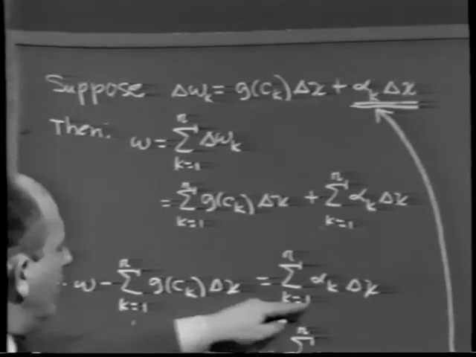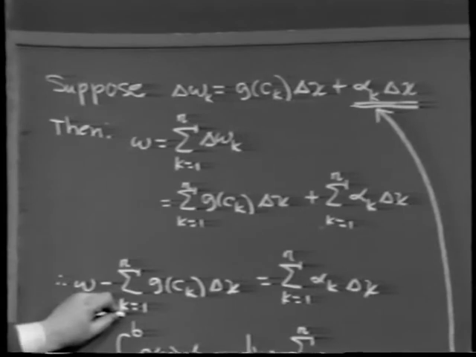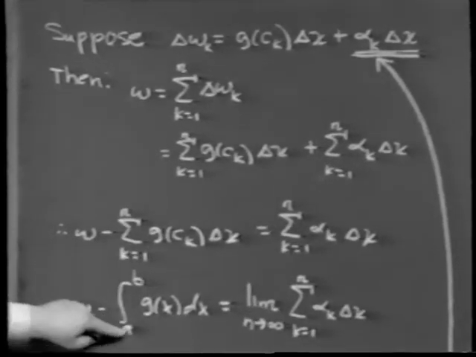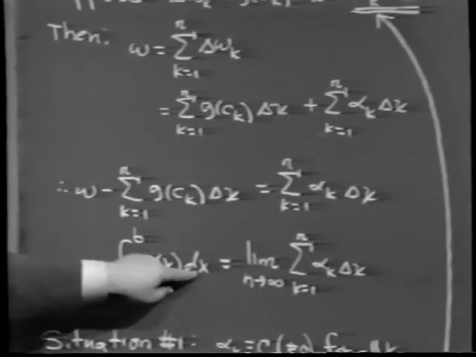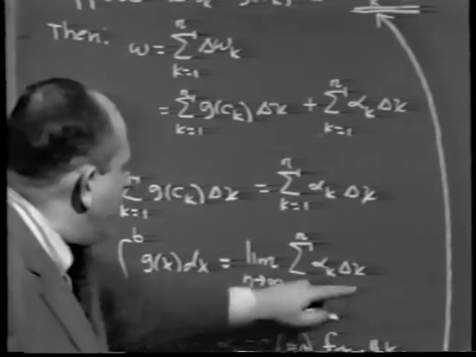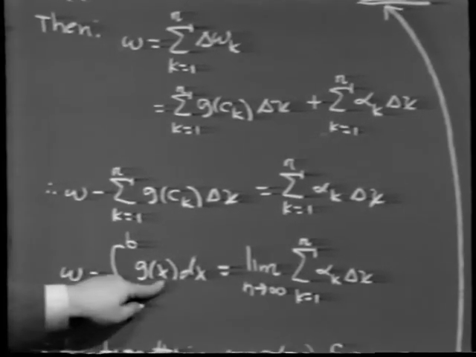Now the next thing I do is take the limit as n goes to infinity. By definition, since g is a continuous function, this limit here is just the definite integral from a to b, g of x dx. On the other hand, this limit here is what we have to investigate. In other words, we would like to know whether w is equal to the definite integral or not.